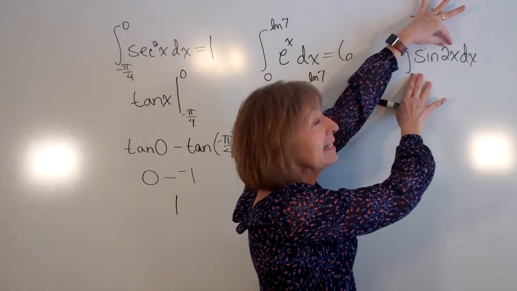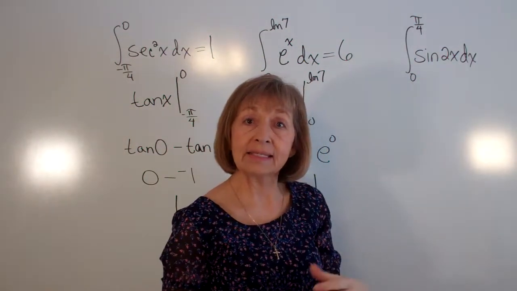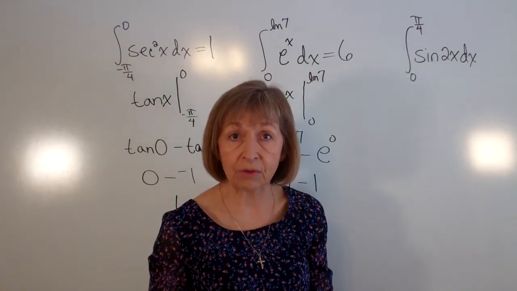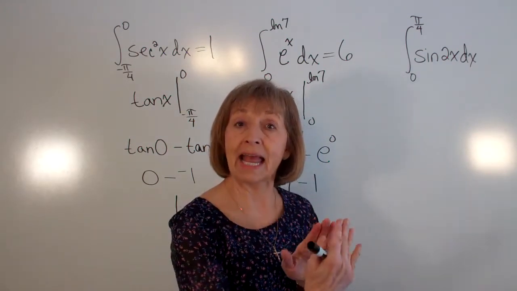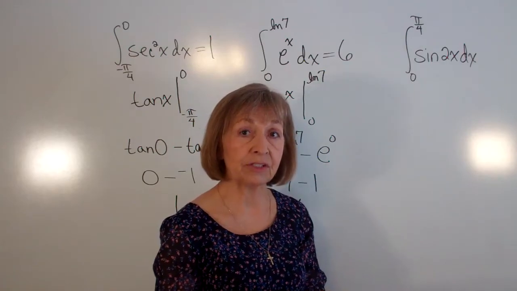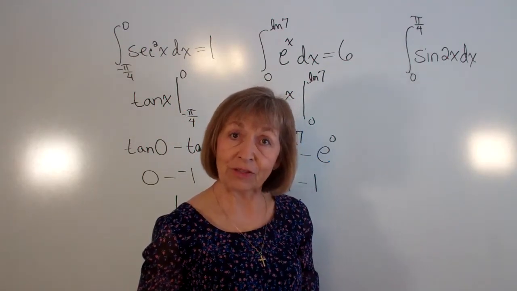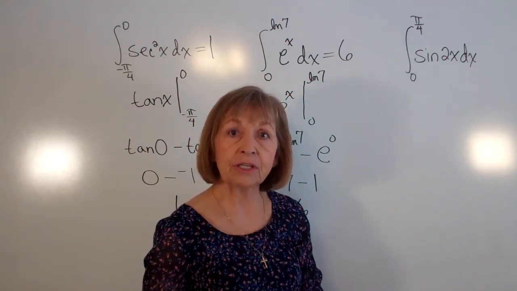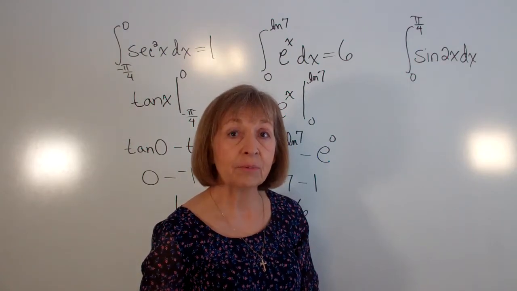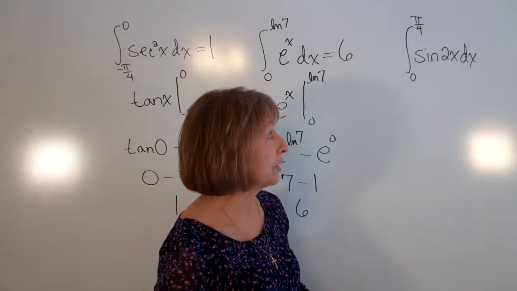And the sine acting on 2x is an expression whose derivative is other than 1. And when you have an action on an expression whose derivative is other than 1, you want to make sure that you're getting the correct antiderivative by using a u-substitution.